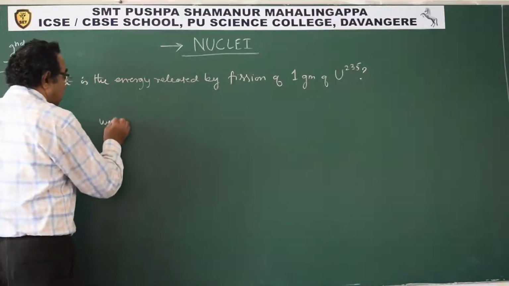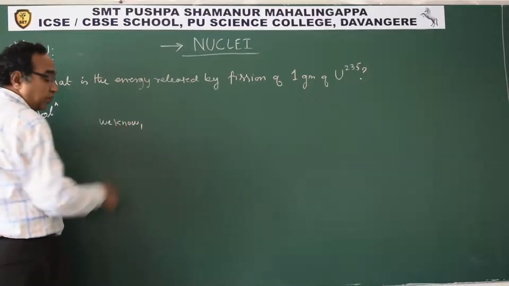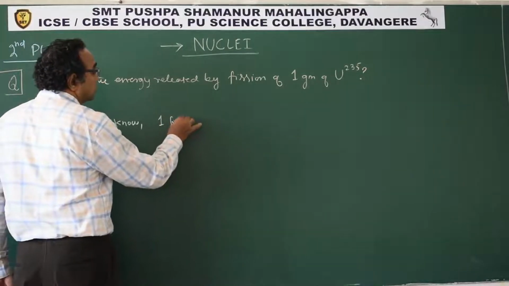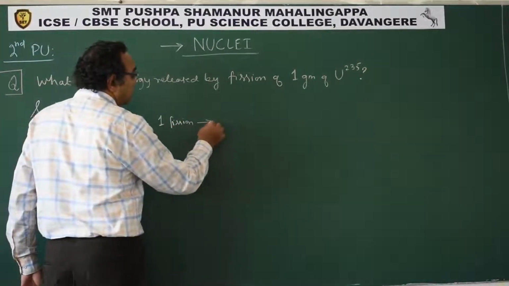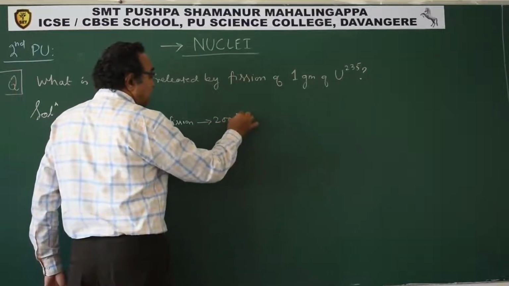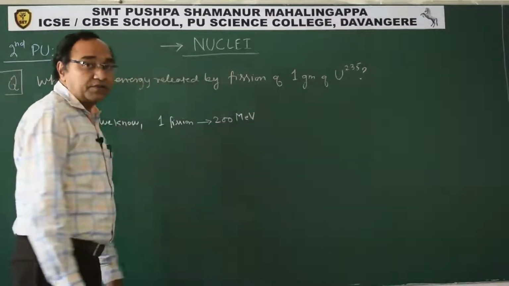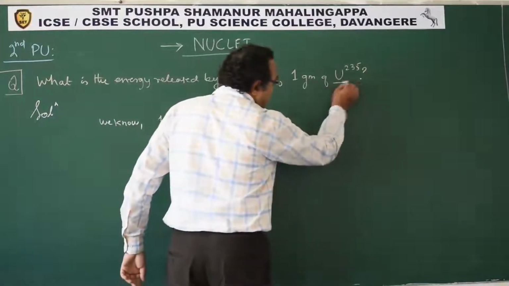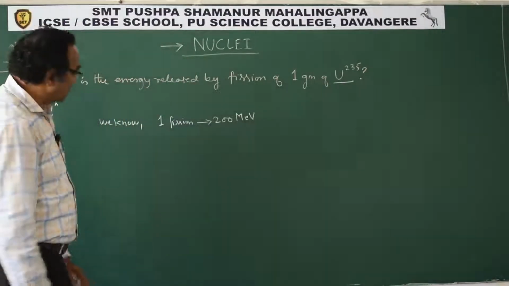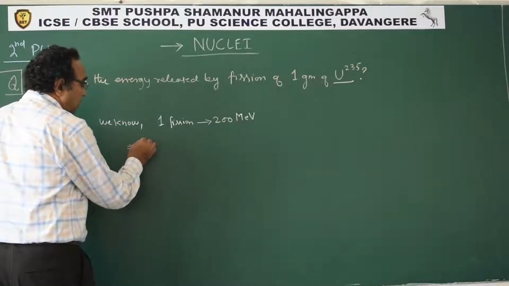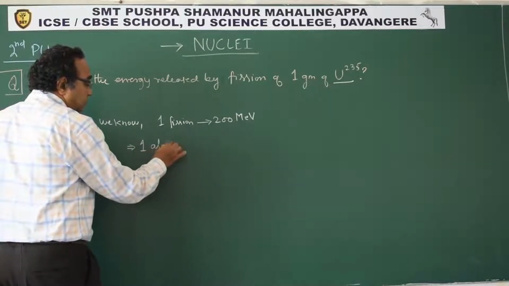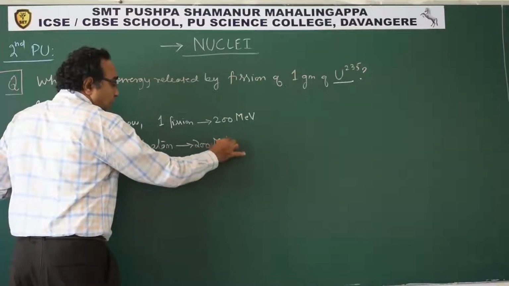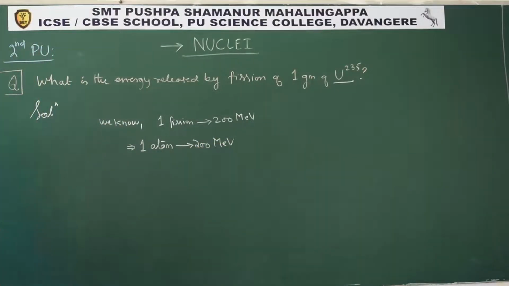We know by fission of one U-235 atom it releases 200 million electron volts of energy. Now this means one atom is capable of releasing 200 million electron volts of energy. This is what it means.